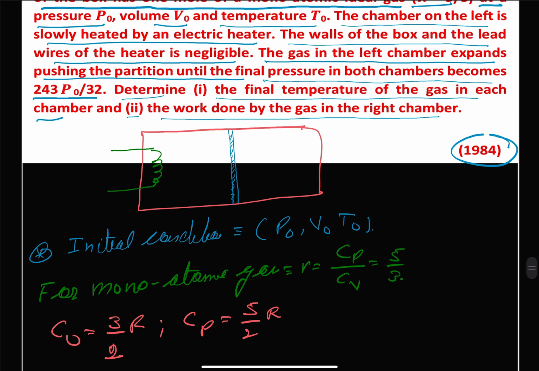So what happens is, as the heater supplies energy to the left side, the partition is going to move towards the right, because the gas is going to expand, and the partition is adiabatic, and so therefore we can say there will be no heat exchange between the two chambers.